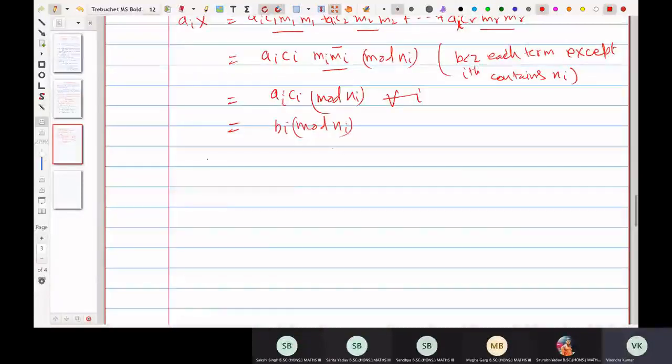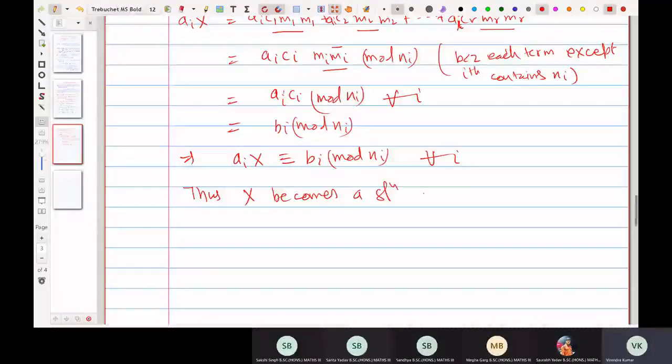So what we have, this implies that Ai capital X is congruent to Bi modulo Ni, and this is true for all i. So this shows that capital X becomes a solution of the given system of equations.